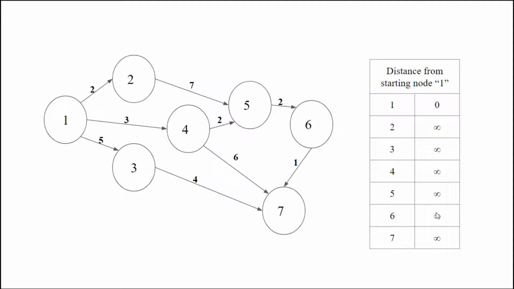So you have your first node, and then you explore the nearest neighbors or the adjacent neighbors. So you go from node 1 to node 2, and that has a weight of 2. So I update the value in the graph to have the weight or the distance from starting node 1 to 2 as 2. And now you go back from 1, and another neighbor is from 1 to 4, and that value has 3.